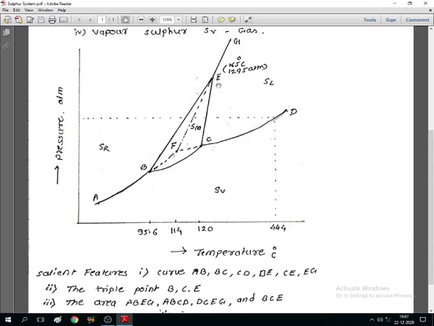F is found to be 0. Therefore, the system is non-variant or invariant. चौथा पॉइंट, the temperature corresponding to this point is 165 degree Celsius. किती टेम्परेचर आहे त्याचं 165 degree Celsius टेम्परेचर आहे, राईट.